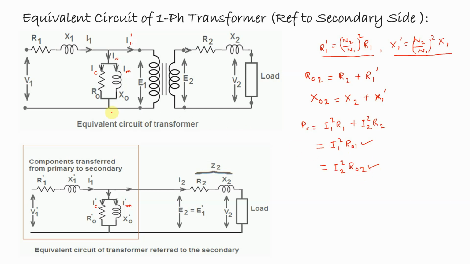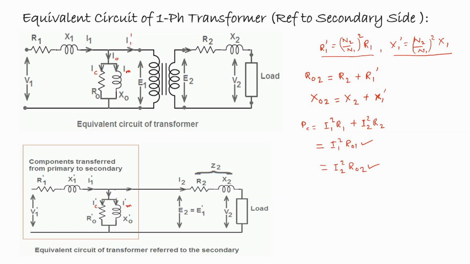Similarly, the other parameters can also be calculated by using the approximate equivalent circuit, either referred to primary or referred to secondary side. It can be seen that the values calculated based on the approximate equivalent circuit are almost the same as those of the original calculation.